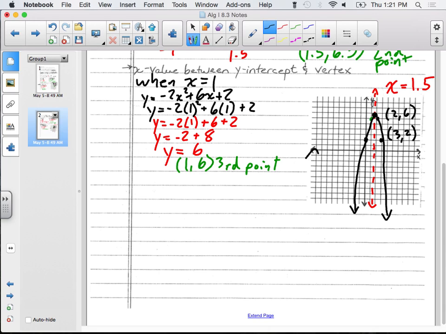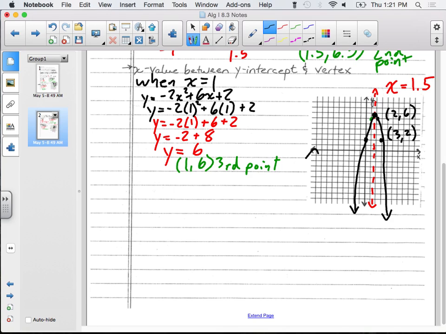When we find our third point, we find values between our y-intercept and our vertex. Are there any good whole numbers that we can plug in? If there aren't any good numbers between them, then you would just have to extend the other way. Instead of going in between them, you could go to the other side. Like here, we used 1. We could have just as easily used -1 or -2.